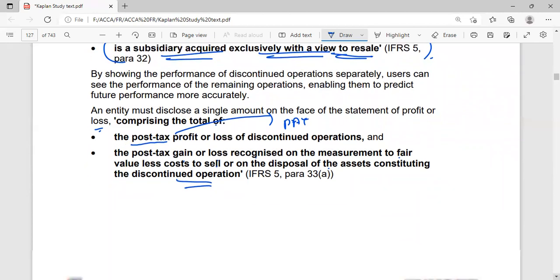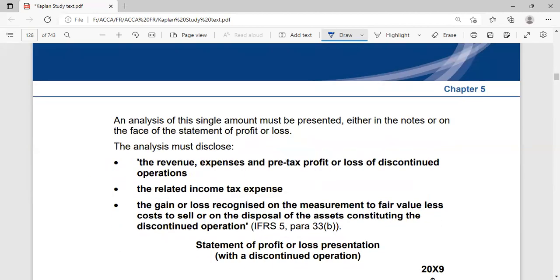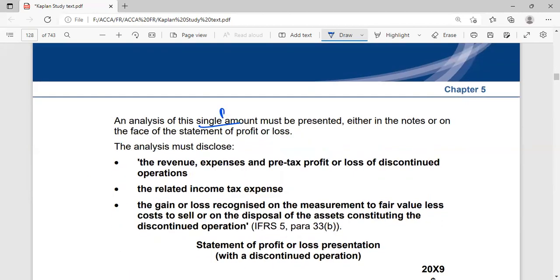Then the analysis of the single amount is nothing but profit after tax relating to the discontinued operation, which must be presented either in the notes or on the face of the statement of profit and loss. Okay.